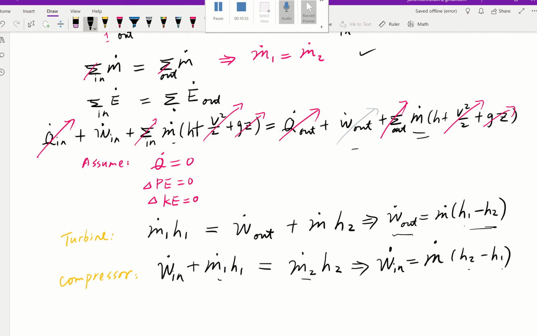For a compressor, you require work to increase the energy of the fluid. So H2, the final state, is going to be greater than the initial because it's increased. So how much work is required? It's going to be final minus initial. So knowing that will help us get those equations straight.